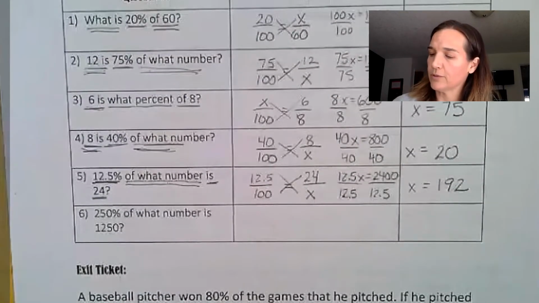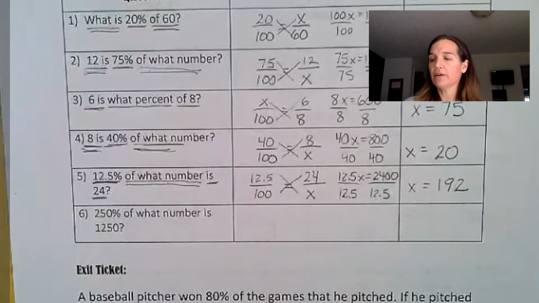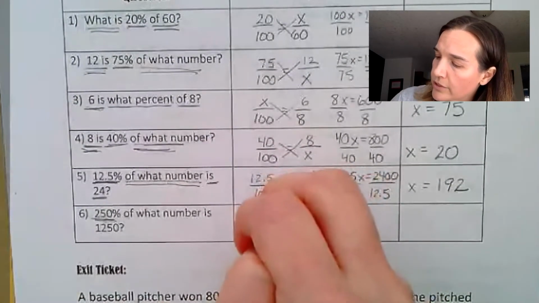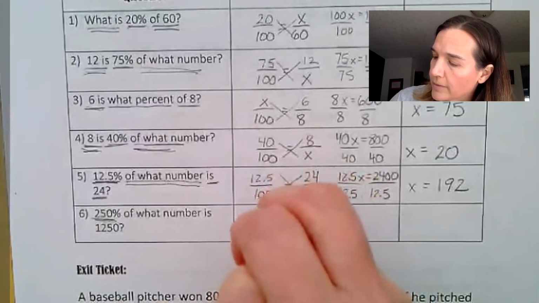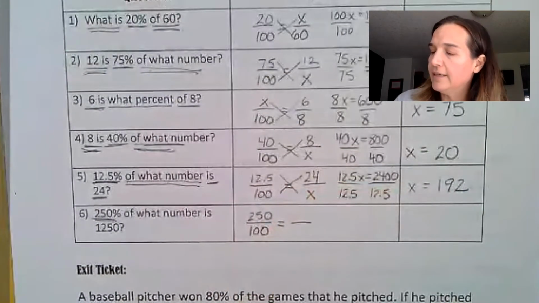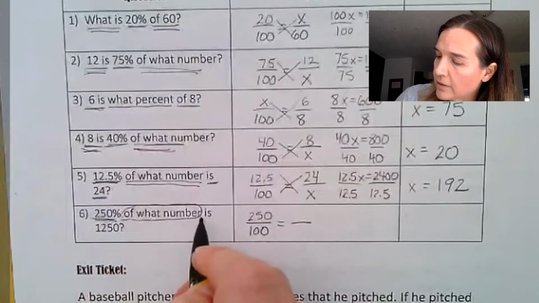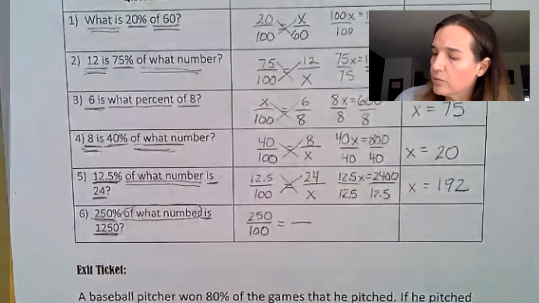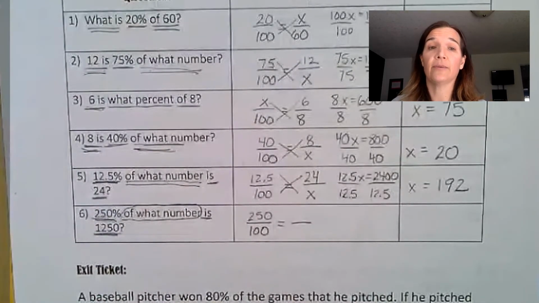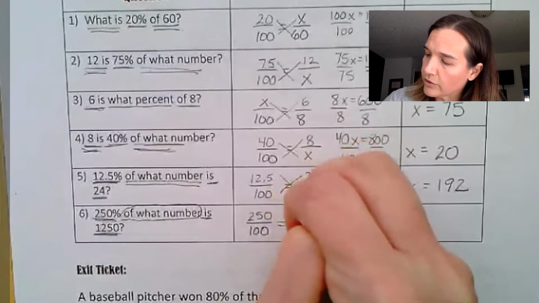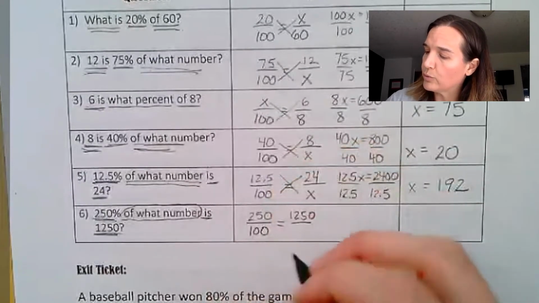As we move on, the last one in this section, 250% of what number is 1,250? Again, percent, easy to see, always goes over 100. I need my is and my of. Of what number goes together? Is 1,250 go together. So it's always is over of. This is my is, 1,250. My of was what number?